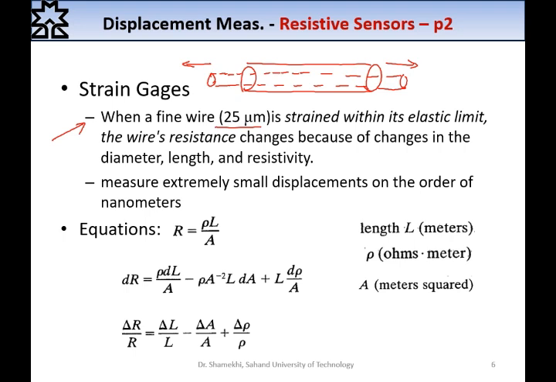Measuring extremely small displacements, on the order of nanometers, is achievable using this type of sensor. Let us start to solve the equation and find the last equation of the gauge factor.